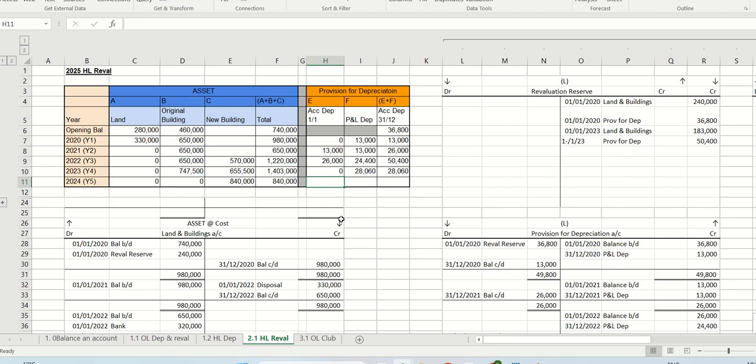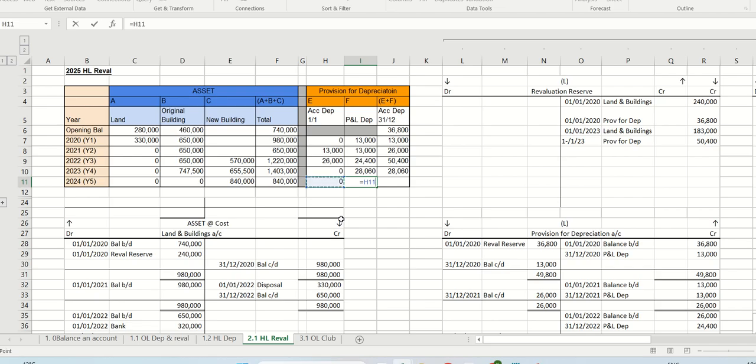This is going to zero, right? But there's 2 reasons that my provision for depreciation is going to zero. The depreciation that relates to the original building is going to go to the disposal account, and the depreciation relating to the new building is going to go to the reval account. So we're going to have to split that up and deal with it accordingly.